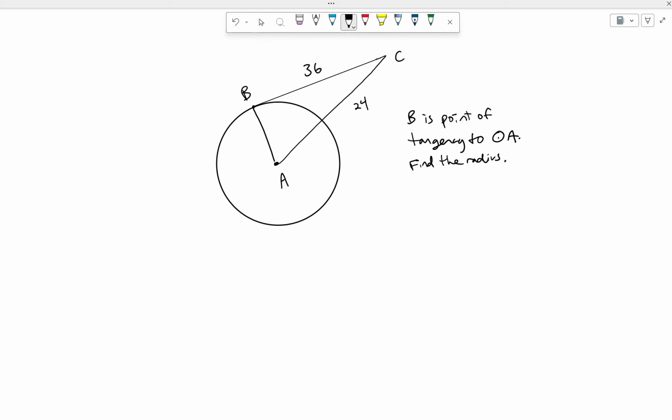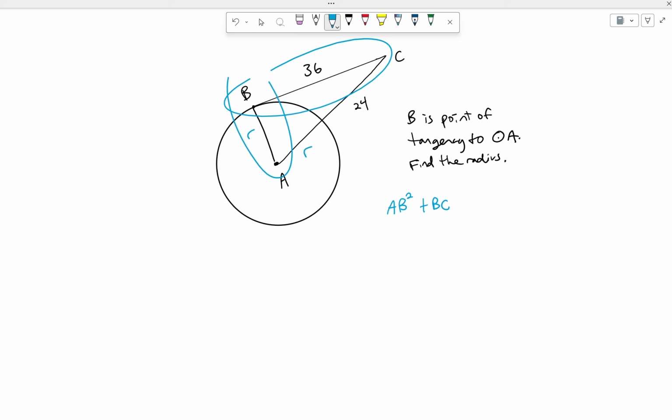Now, again, if that's the case, guys, remember, I need to find this segment, which would have to be the same as this one because it's impossible for this one to be 24 because this would be the hypotenuse, which would have to be the longest side, which would have to be bigger than 36. So we can just use the Pythagorean theorem here, knowing that AB squared plus BC squared, right?